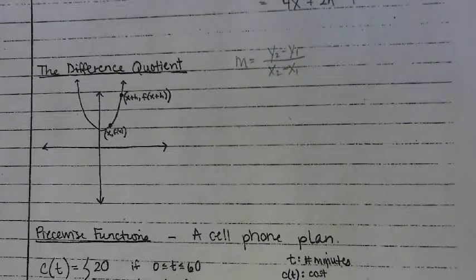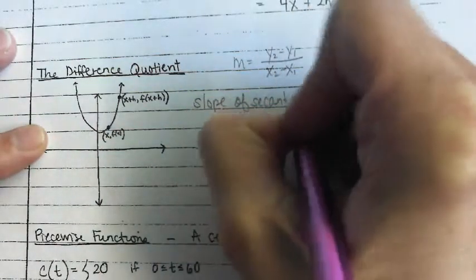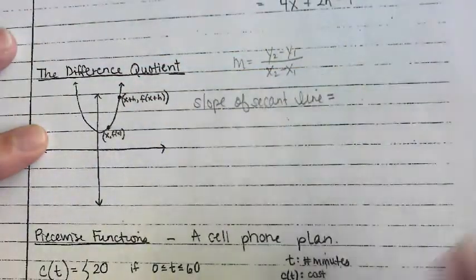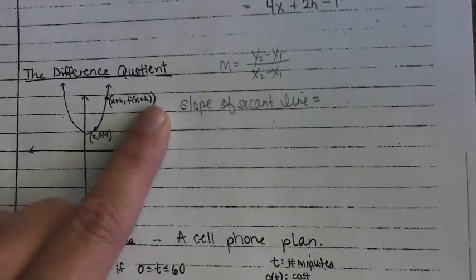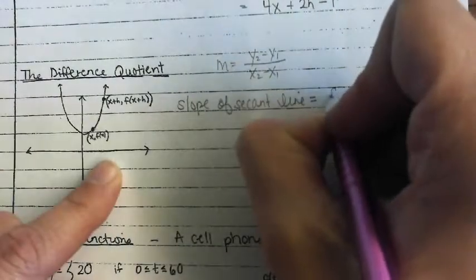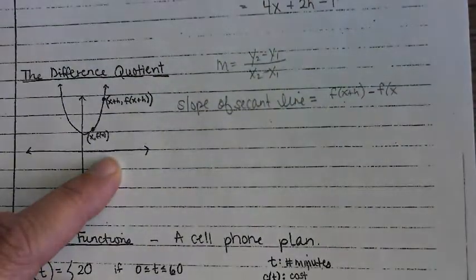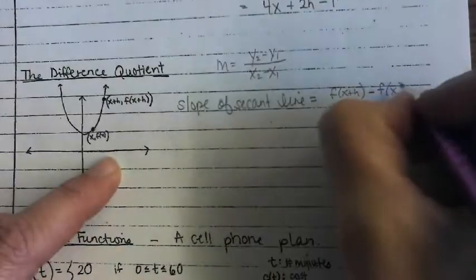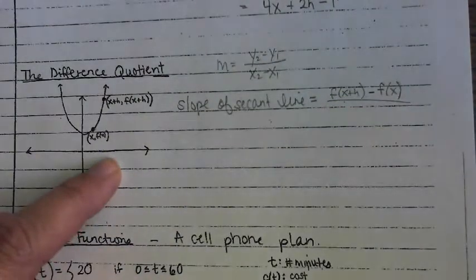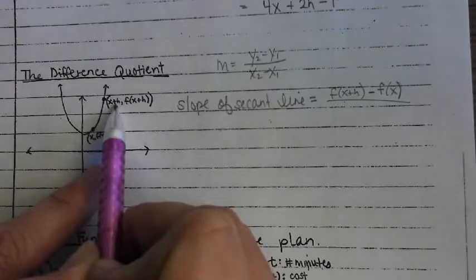So what I'm going to do from here is, back on the paper, I'm going to essentially find the slope of the secant line using those generic coordinates. So the slope of the secant line is going to be the y-coordinate minus the y-coordinate. That's going to be f of x plus h minus f of x over the x-coordinate minus the x-coordinate.